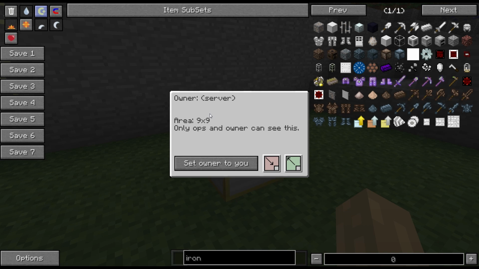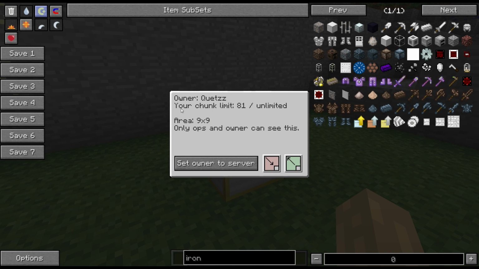That way the server is not being overly taxed if people aren't online for an extended period of time. So really it's a very useful thing to have in place as a server owner or someone who admins a server. You can also set the owner to you as well.